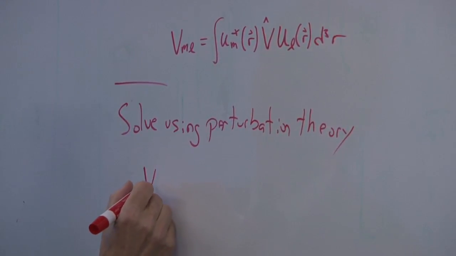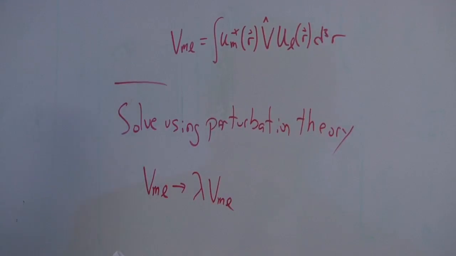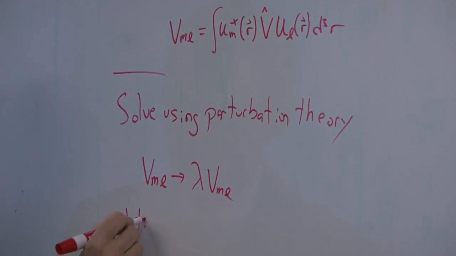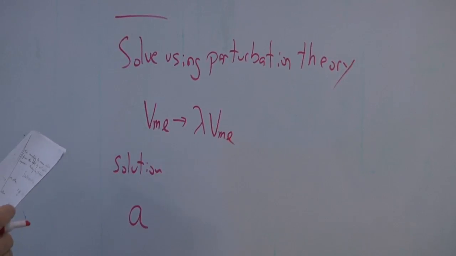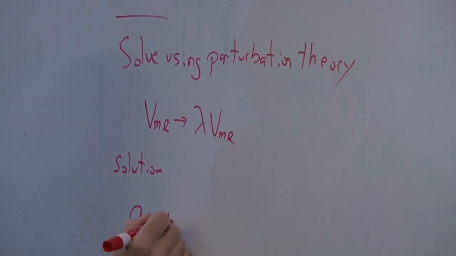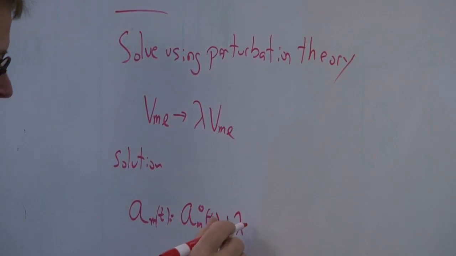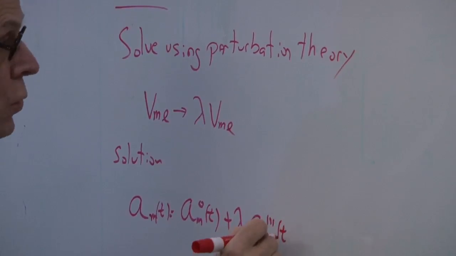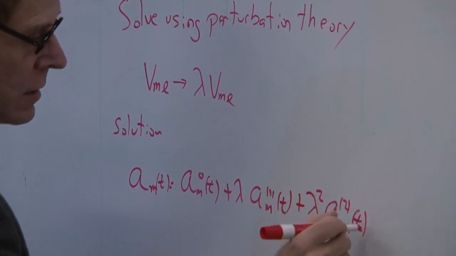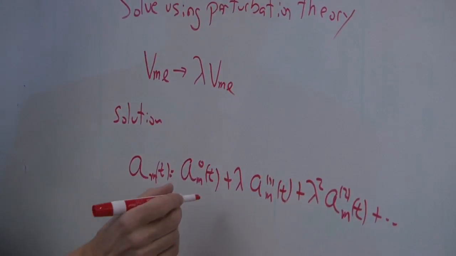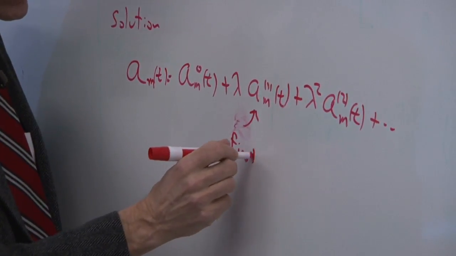Okay, so we take V_ML and replace it by lambda V_ML, and we look for a solution of the form A_m(t) equals A_m0(t) plus lambda A_m1(t) plus lambda squared A_m2(t), etc. So this is the first order correction.